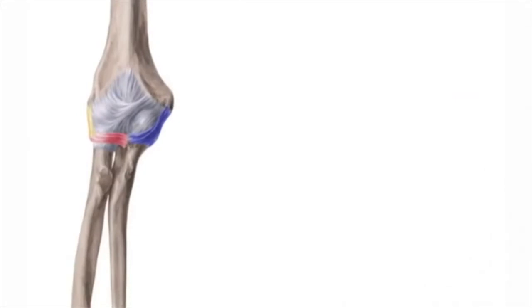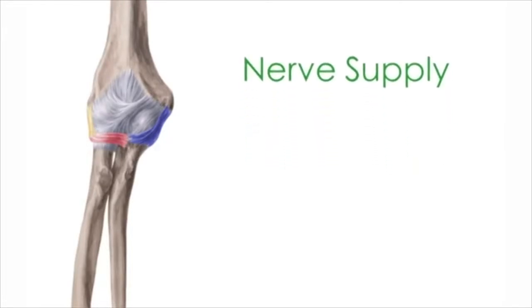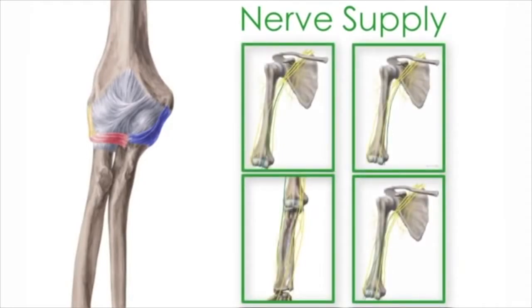Now, in the last part of this tutorial, I'm just going to briefly mention a couple of words on the nerve supply of the elbow joint. I can tell you that there will be 4 main nerves that also supply the arm and the forearm, and branches of these nerves will then supply the structures found on the elbow joint.